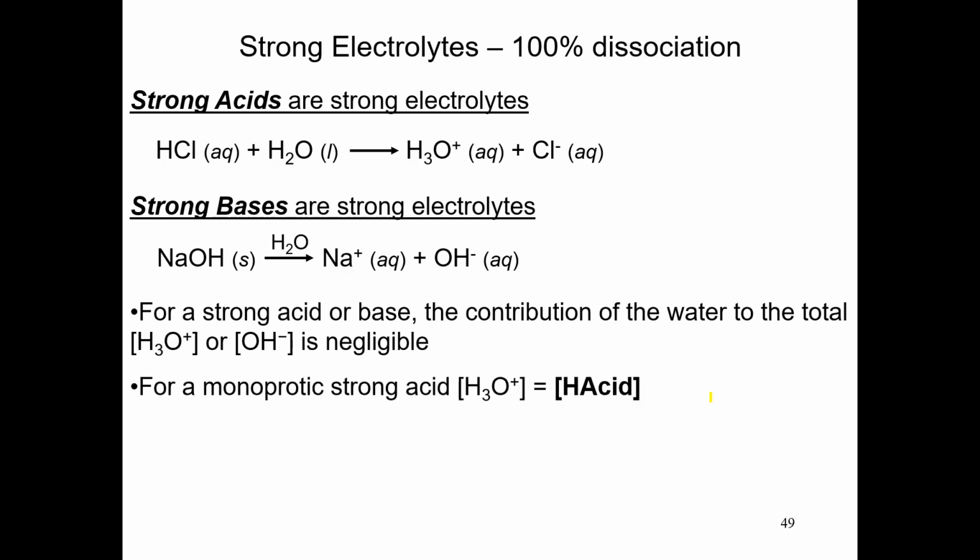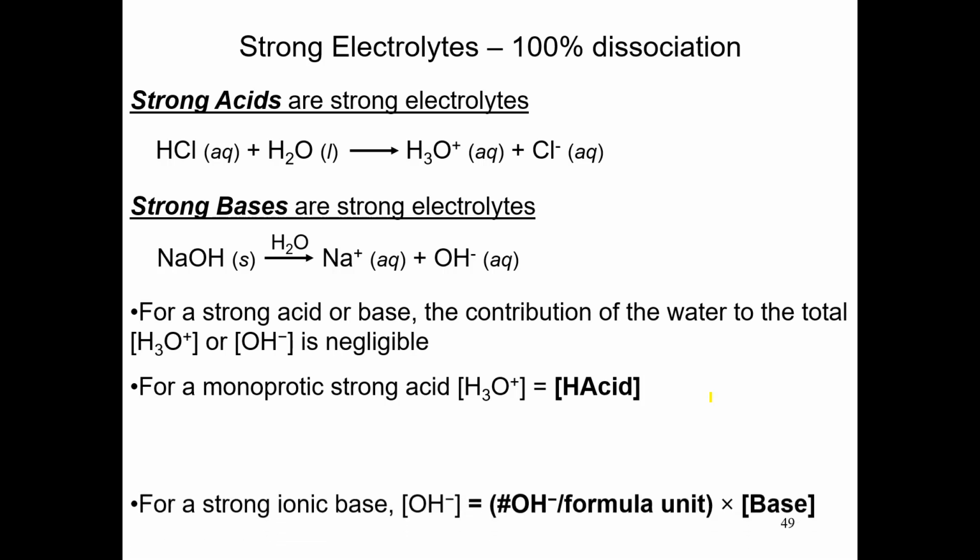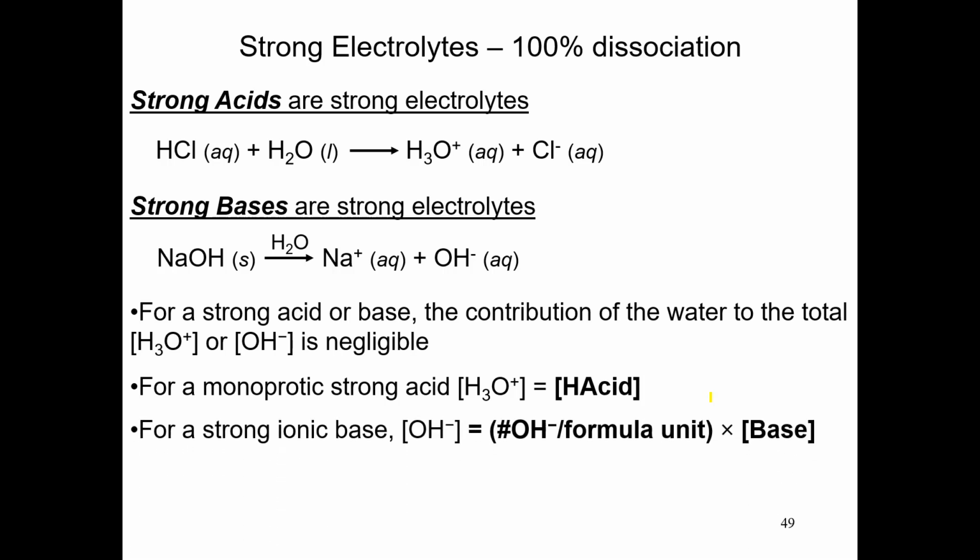So for a monoprotic acid that is strong, essentially the concentration of hydrogen ions in solution is going to be the concentration of the acid itself. Similarly, for a strong ionic base, the hydroxide ion concentration is going to depend on the number of hydroxide ions produced per formula unit of the base.